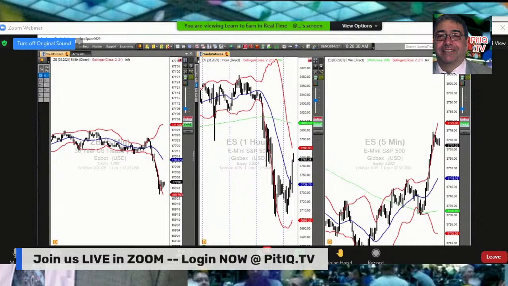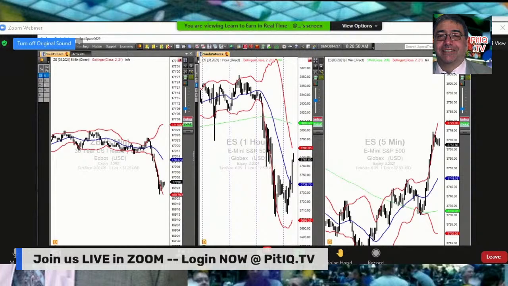Again, pivot 37.67, support below at 56, 49, 41, 31, and 23. Resistance on the upside at 75, 85, 93, 3801, and 14.